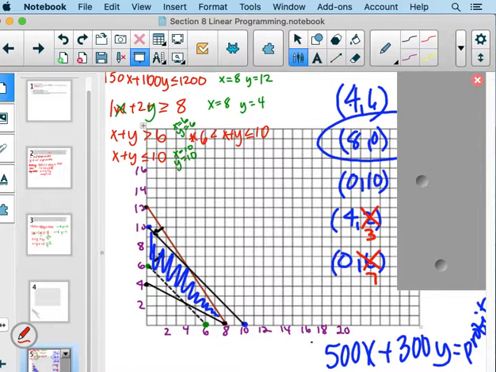So we would take 4 times 500 plus 6 times 300. Take your x and your y and plug them in.